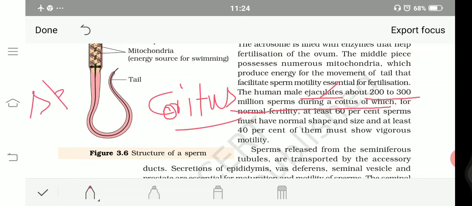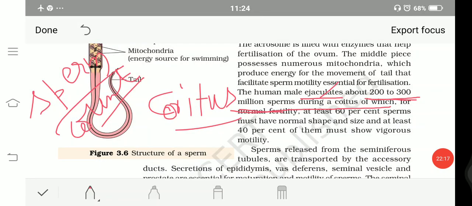If you go ahead into technology-based activities, you will find this word, sperm count. What is the meaning of sperm count? It means that whatever sperms are released at one instance of coitus, it should normally be 200 to 300 million, along with rich secretions of the seminal vesicle, the prostate gland, the bulbourethral gland and many more together.